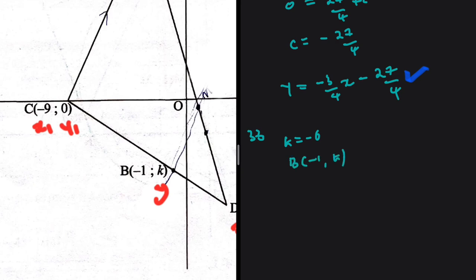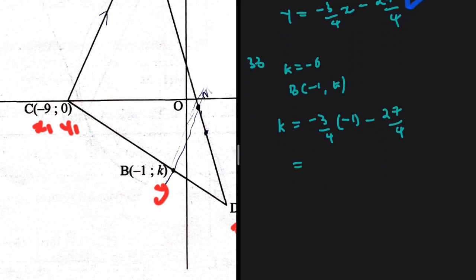If we substitute this in our equation, in place of y we put k, and in place of x we substitute minus 1, and then minus 27 over 4. So k is equal to minus 3 multiplied by minus 1.